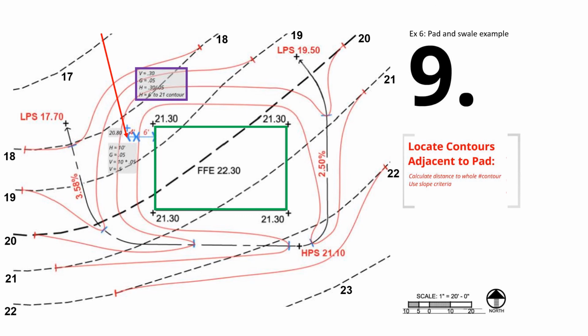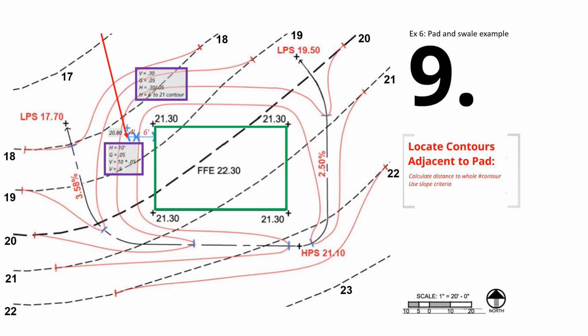So here we use this set of calculations to find out the elevation of the added spot. And because we're calculating V in comparison to the edge of the pad, we use V equals H multiplied by G and plug in H equals 10 feet and G equals 0.05, and we get V equals 0.5 feet.